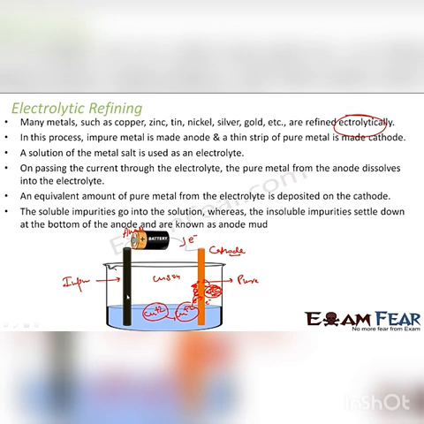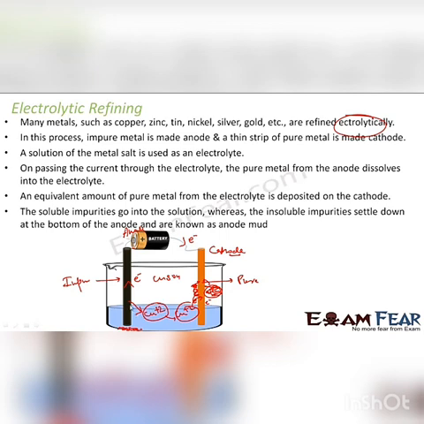Because also in this I have copper. Copper wants to lose electrons, right? And flow of electron is in this direction. So copper will lose electrons here and become copper ions, and will go into the solution. And the mud and all the impurities will be here. It will go down because that mud will not become copper ions, right?